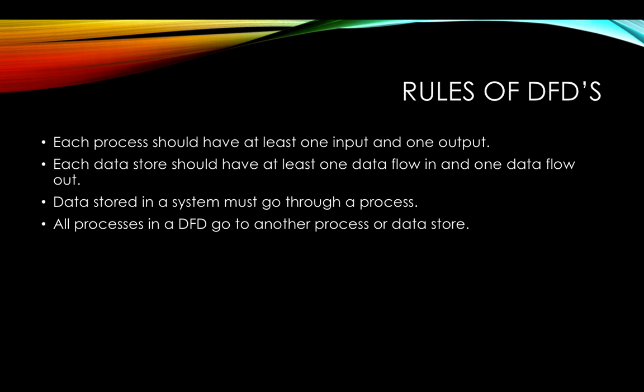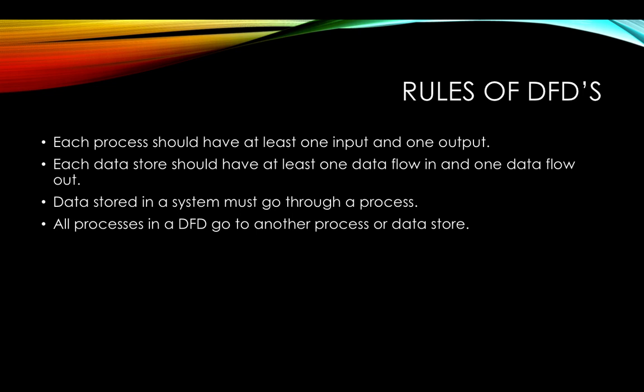There are rules to DFD. You can't just go around and do what you want to do. You have to follow these guidelines to make sure that the data that you're entering into your system matches the guidelines and creates an easygoing process that mostly anyone can understand.